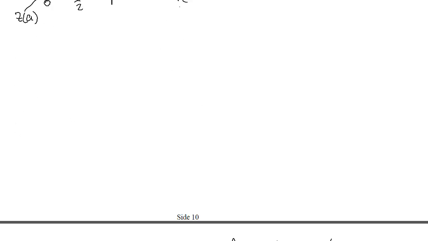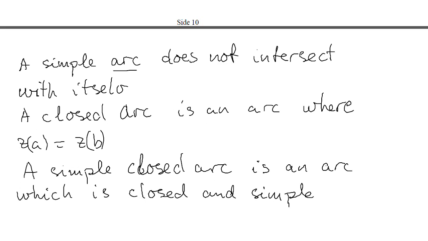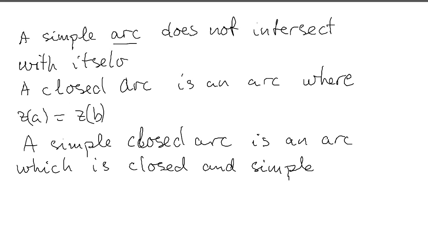Here are some definitions concerning arcs. We call an arc a simple arc if it does not intersect with itself. The figure 8, for example, is not a simple arc because it's intersecting with itself.